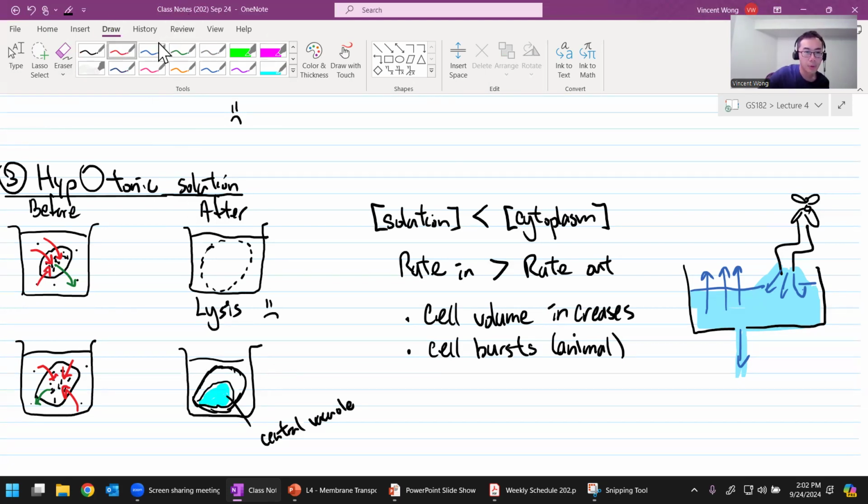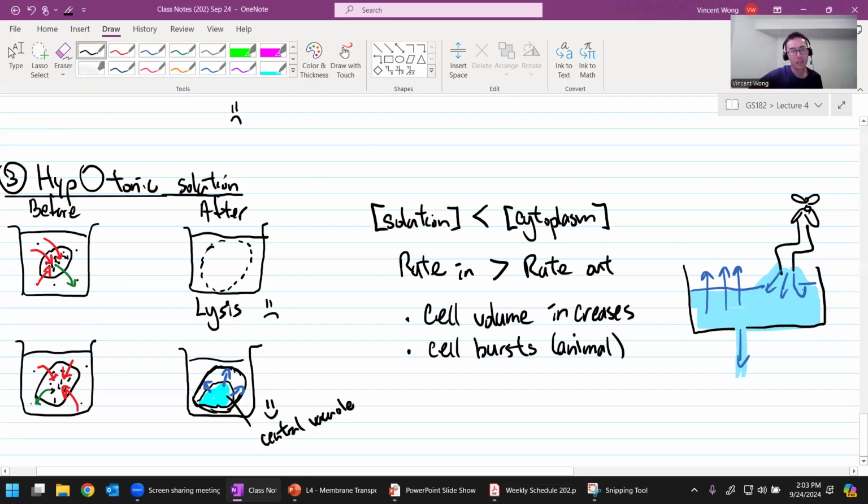And it's going to love it, and it's going to be pushing on the cell. It makes it really, what's the word I'm looking for? Turgid. It's very firm, and it allows the plant to stand up and open up its leaves. They love it.